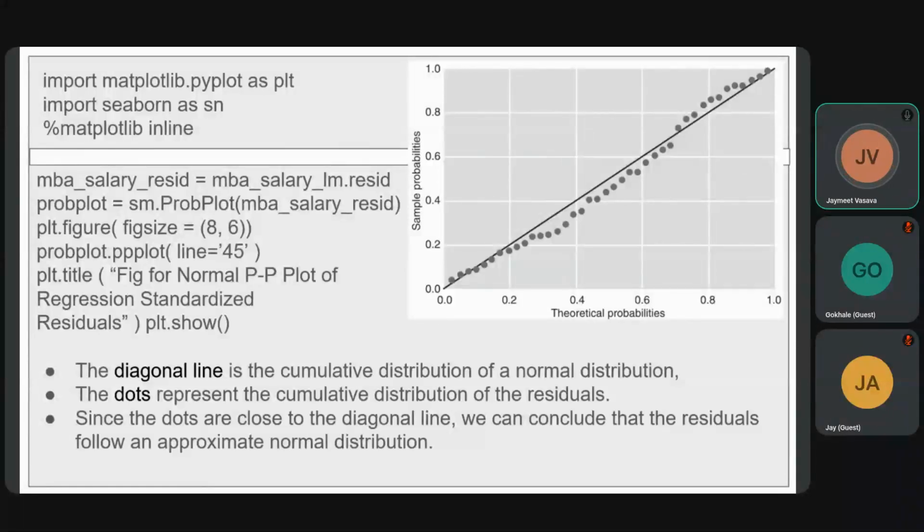These are the libraries that were needed and the Python code. You can see the MBA salary residual, which is the residual used for this. The ProbPlot is used for plotting the values.